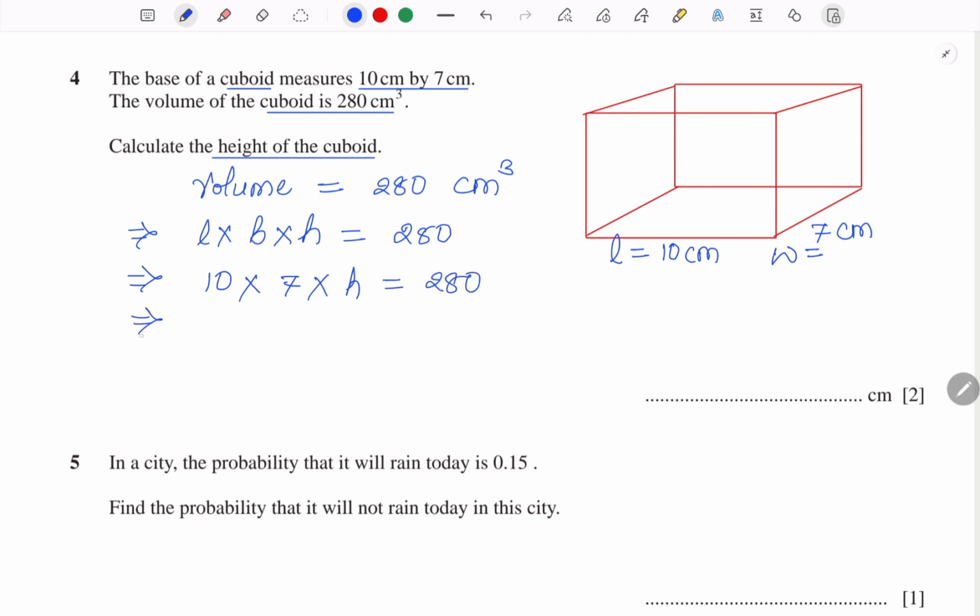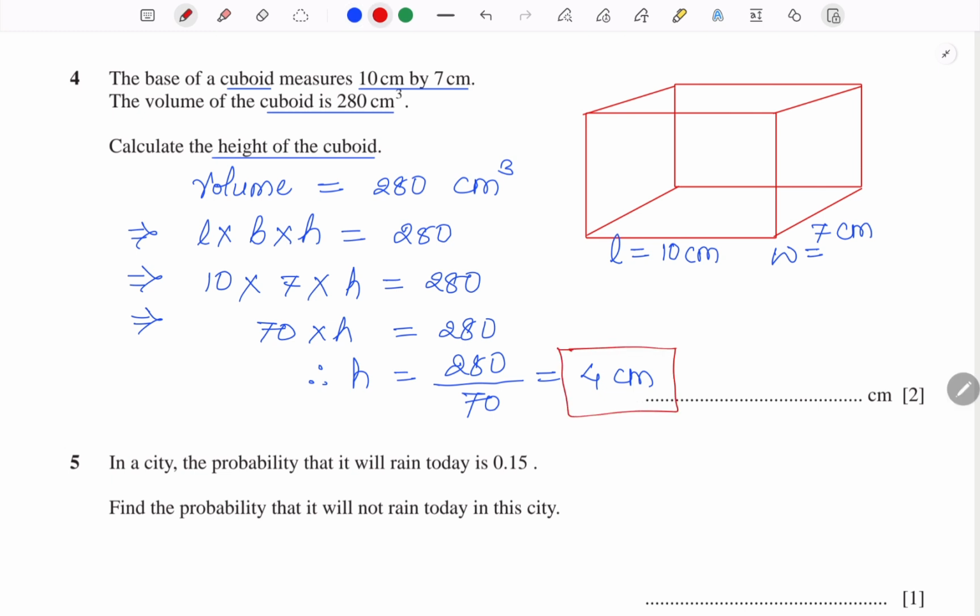So if I solve this equation, 10 into 7 will give you 70, into h equals 280. Here if I apply the rules of algebra, I can separate h: 280 divided by 70 will leave you with 4 centimeters height. So the height of the cuboid is 4 centimeters, and this is our answer for this question.